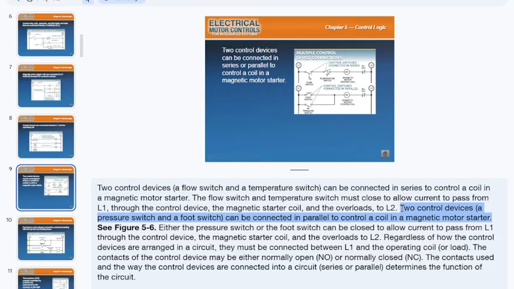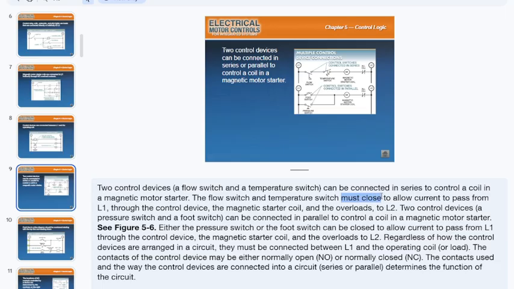2 control devices, in this case the pressure switch and the foot switch, or foot pedal switch, I've always known it, not just foot switch, can be connected in parallel to control. Same thing, coil or any load. In this case, either. That's the important word here. The important word over here is must close. Again, remember together.